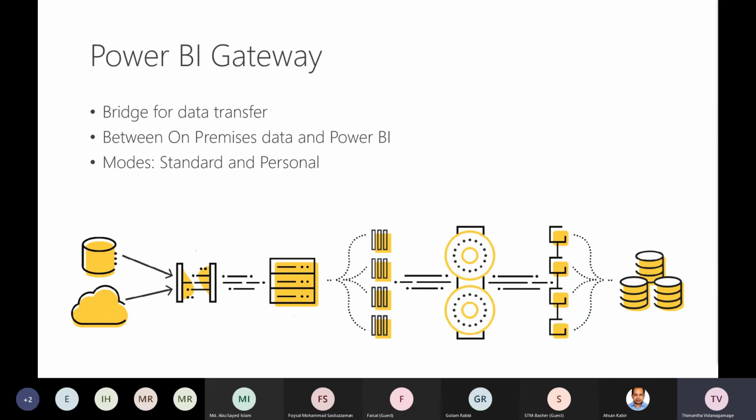The standard gateway is basically enterprise mode, where data can be transferred between multiple data sources and multiple users as well. But a personal gateway is just for one user and a single data source.